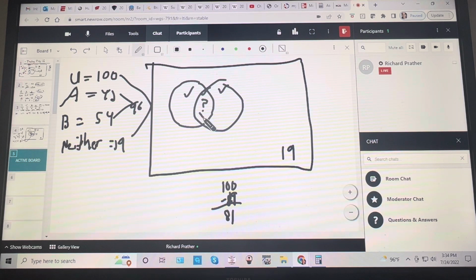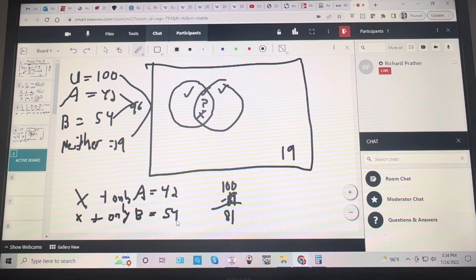So if I call this X because it's the same for both of them, that plus the only A's has to equal 42. And then X plus the only B's has to equal 54. Okay, so 42 minus X is this, 54 minus X is that.